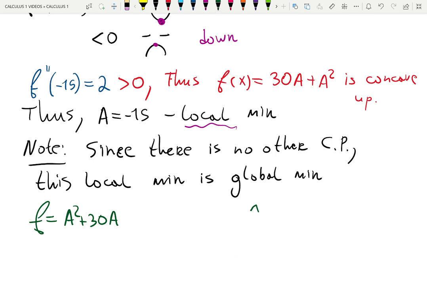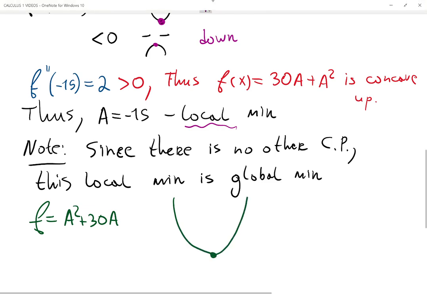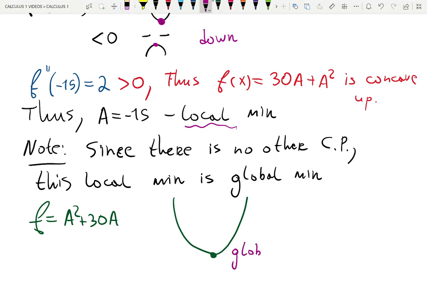Or you can say that it is decreasing, reaches its local and global minimum, and then increases. Thus, you can claim that this is a global minimum. The global minimum is happening at a equals minus 15. For you to know, the x-axis here is actually the a-axis, and the y-axis is f of a.